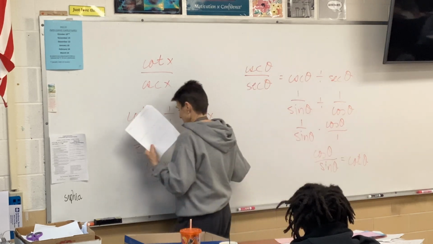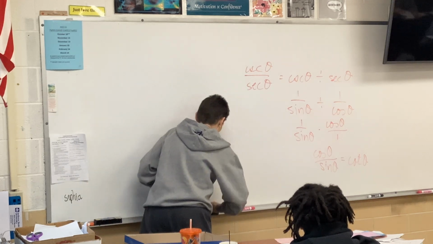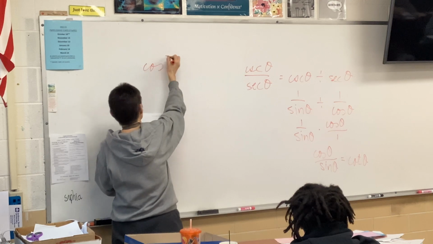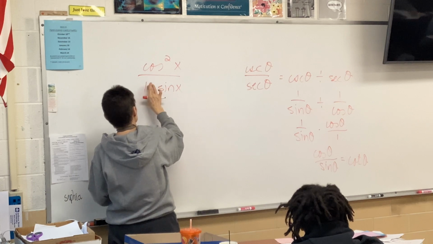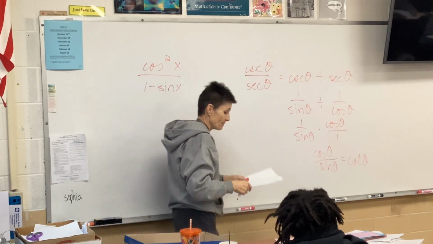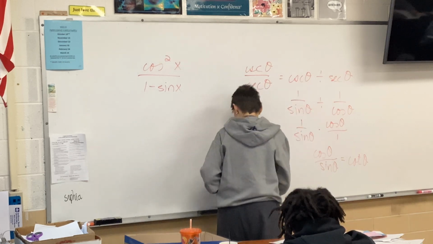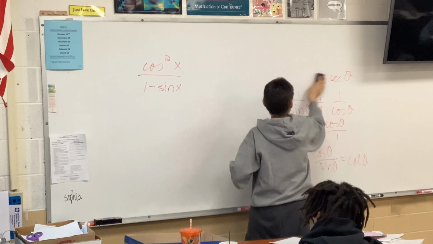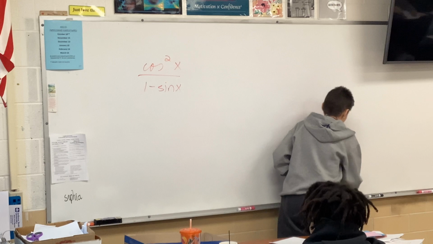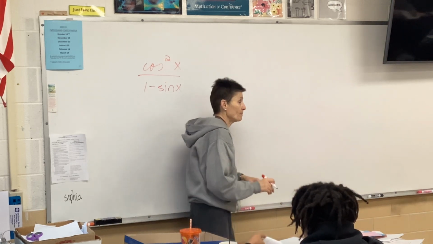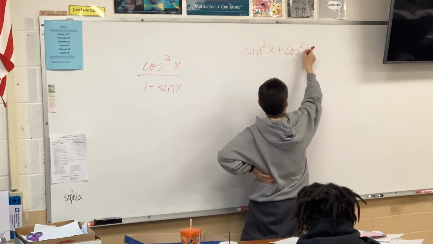Okay, number 6. We will have to do something like this on our test. So let's be real careful with this one. Probably the single most important identity in trigonometry is the one that says sine squared plus cosine squared is 1.